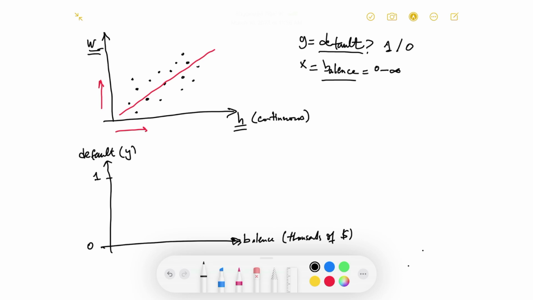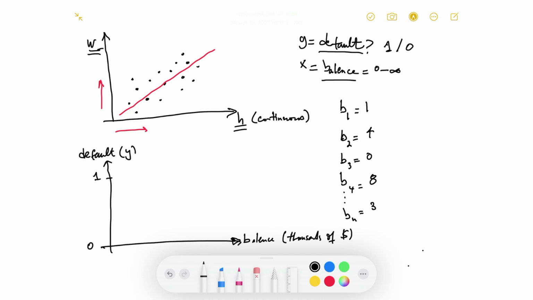So let's say I have a few customers, and the balance of customer 1 is equal to, let's say, 1,000. Again, 1 is in thousands. The balance of customer 2 is 4,000. The balance of customer 3 is 0. They have no debt. The balance of customer 4 is, let's say, 8,000, and etc. We could go all the way down to the balance of customer n, and let's say it's equal to 3,000.